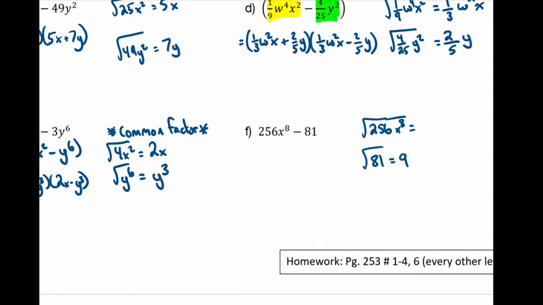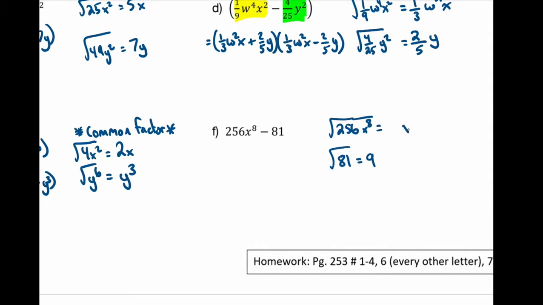X to the power of 8 is an even number, so that is good, because that means that the square root of that will be x to the power of 4. Now I just need to check to see if the square root of 256 is a nice number, and in this case it is 16. So these are perfect squares. Again, some numbers we may be used to, like the 81, some we may not be, like the 256. But again, it's just a quick calculation or a quick check to see if it is correct.